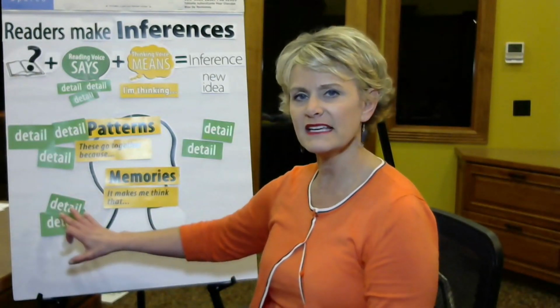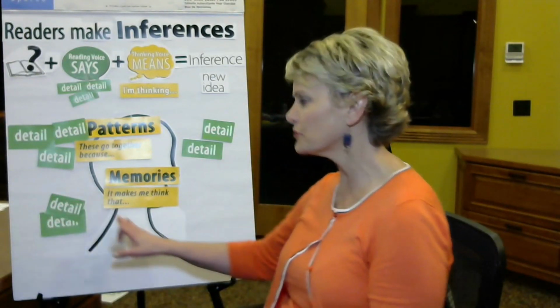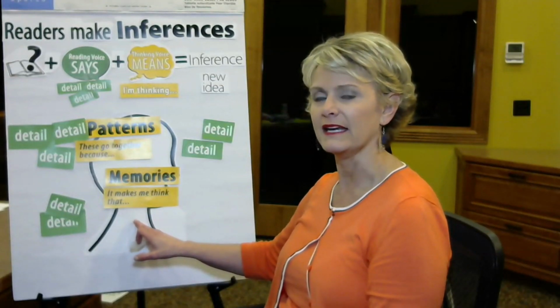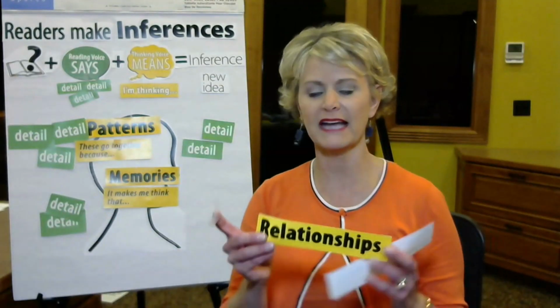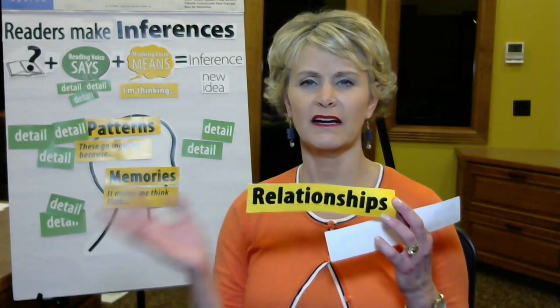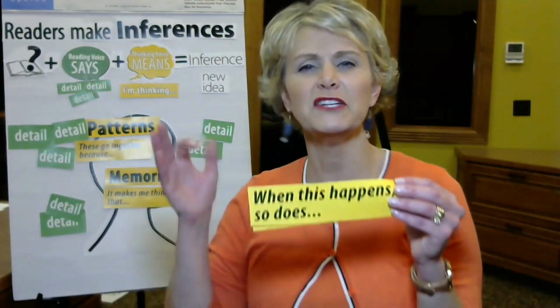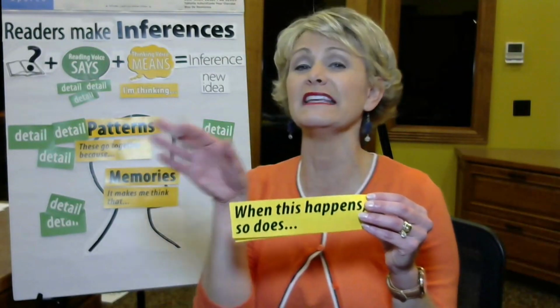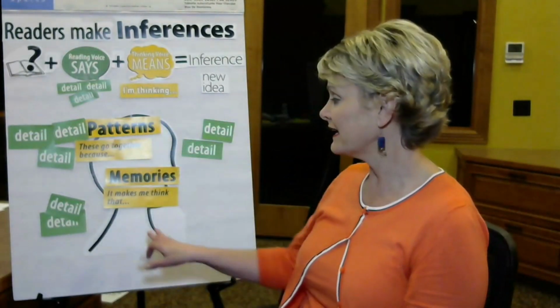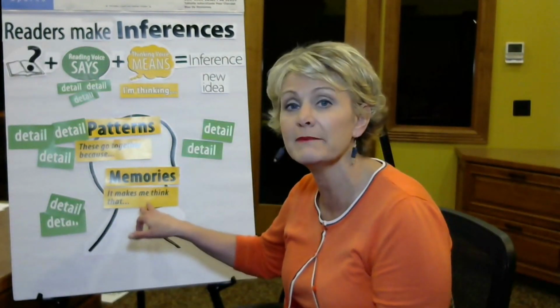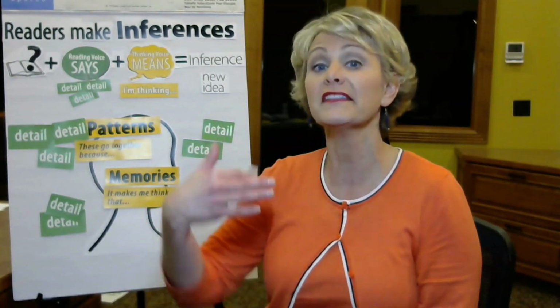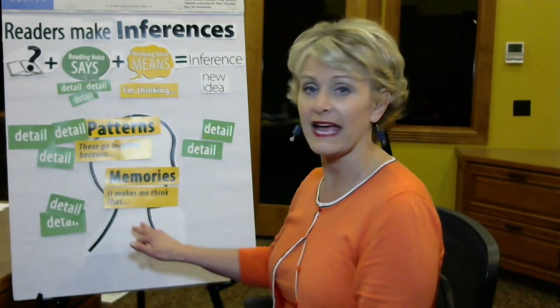When this happens, then usually this is happening. That idea of some kind of a relationship, a connection of some kind. When you have this and this, you usually then have, and whatever you're thinking, it goes in the middle of the head. Your thinking goes in the middle of the head.